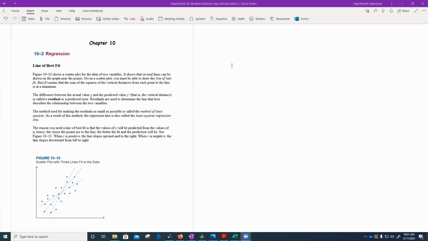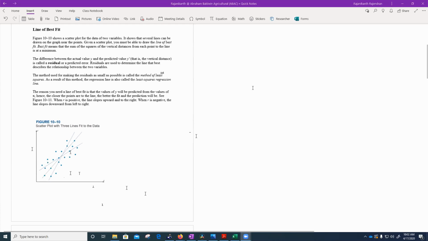data. Now here, if you have sample data points, we are going to look at how to draw a best fitting line among those given data points. The best fitting line means, look at this figure. You are given a lot of data points. It is very difficult to draw a line passing through all the points because the points are scattered everywhere.